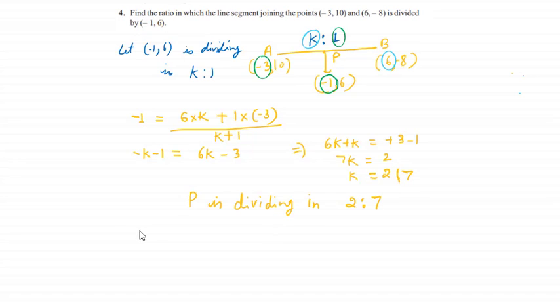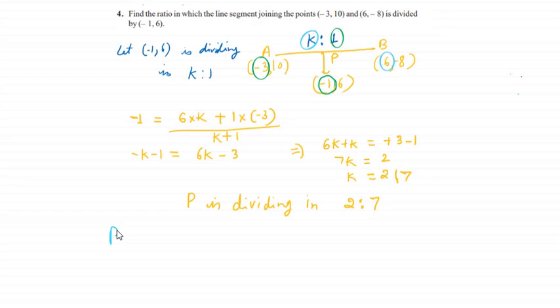Now you can also check if this ratio is correct or not. What we will do is find the y coordinate of P. If we know that the ratio is this one, this is our m1, this is our m2, and we have y1 is 10 and y2 is -8.